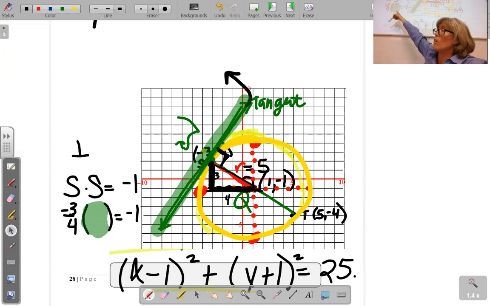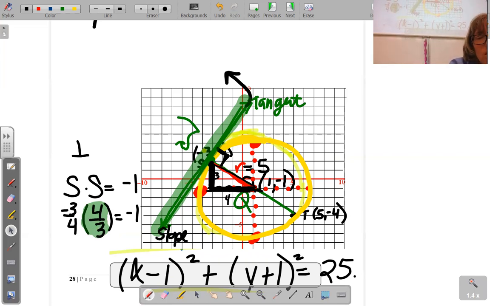Okay, so what goes in here? -4 over 3. If I put a negative here, do you see it would flip it to positive? I don't want it to be positive, I want it to be negative. So I don't want a negative there. I want a positive 4/3. Boom. I just found the slope of this line, 4 over 3.